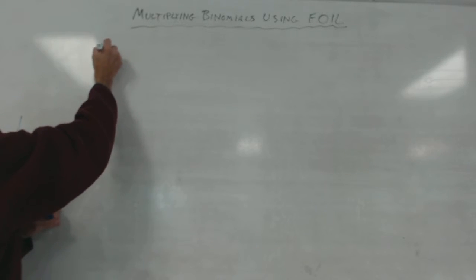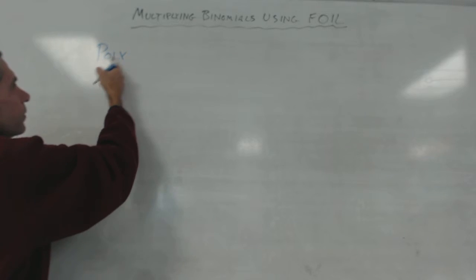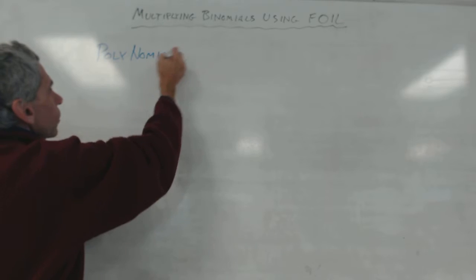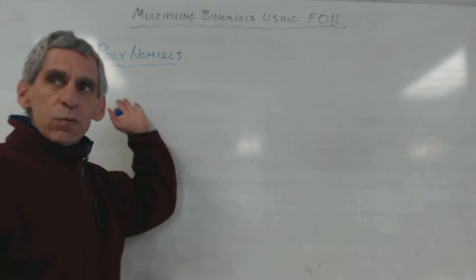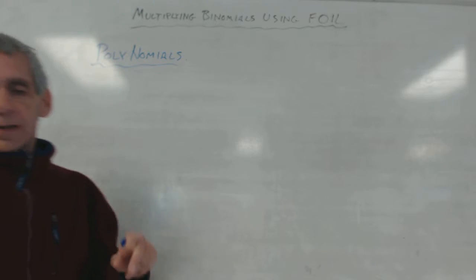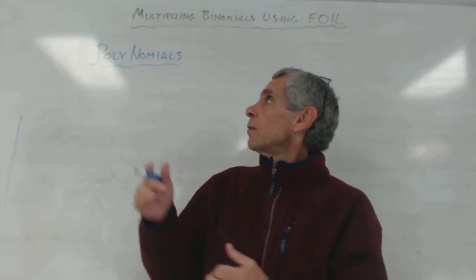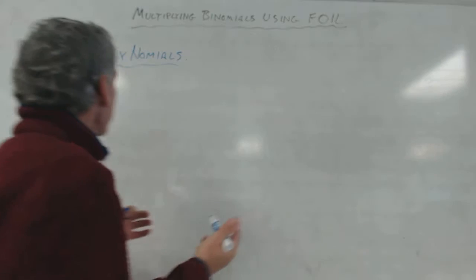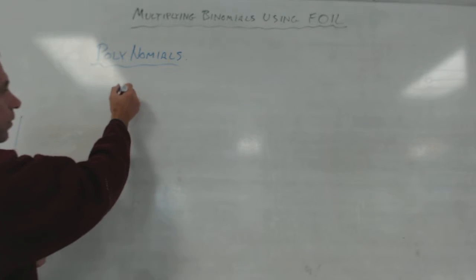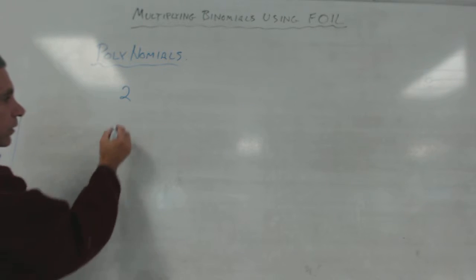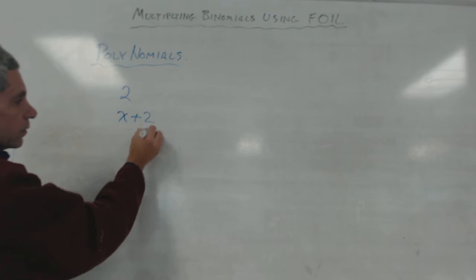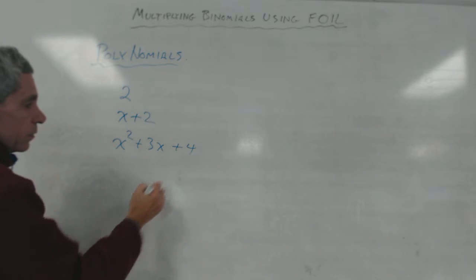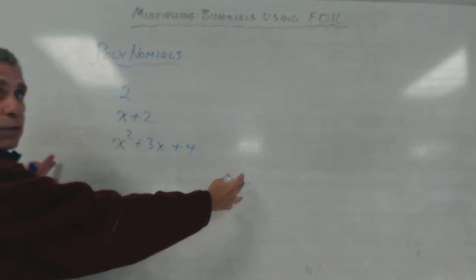There's polynomials, which is poly means many, nomials means number. So polynomials, it's usually one word. It's not a capital N there, the way I wrote it. Polynomials says many numbers. So a polynomial, ironically, this could be a polynomial, this could be a polynomial, this could be a polynomial, or I could go further and further.